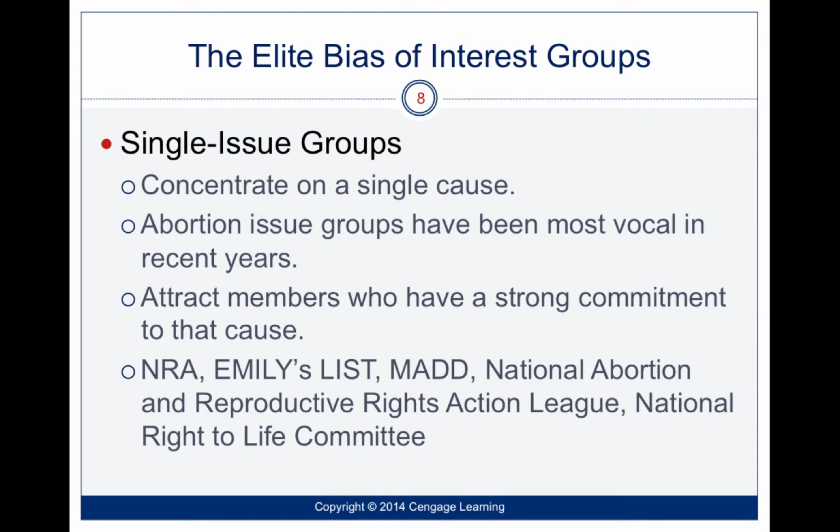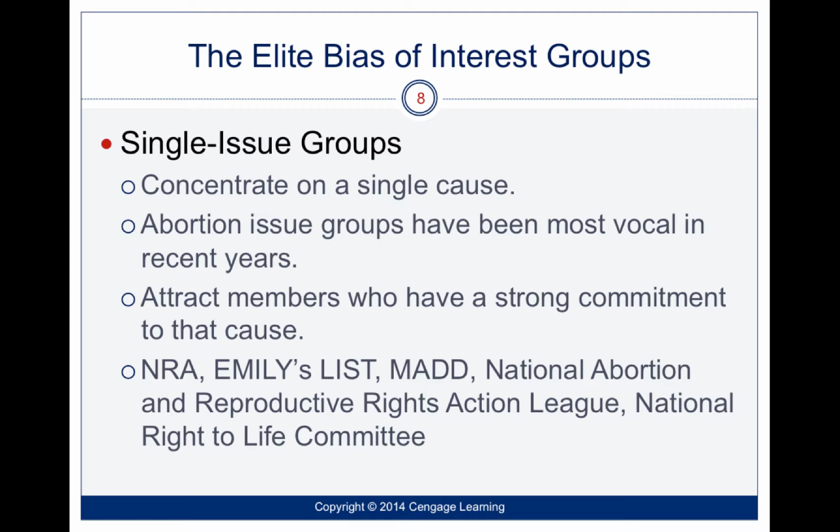We also have single issue interest groups, and one important thing to understand about some of these is that they basically reflect the demands of the elite organizations inside the interest group, and not so much the people who are members of the interest groups.